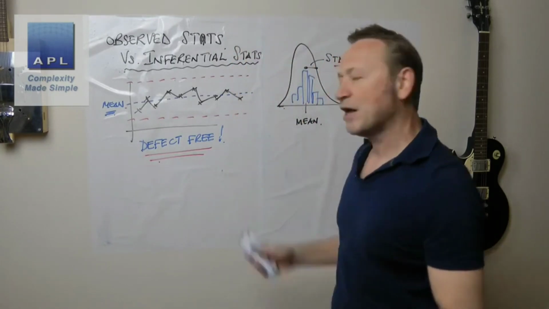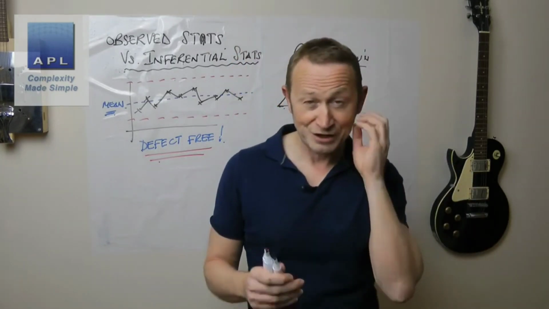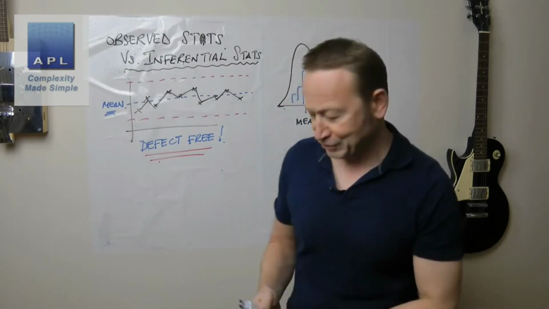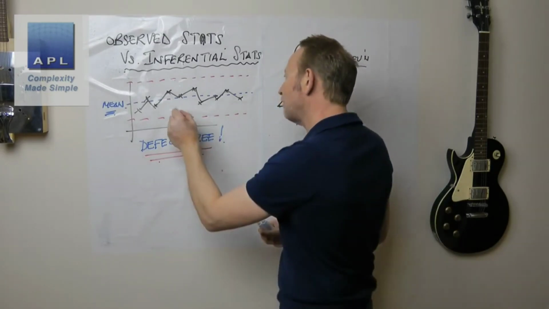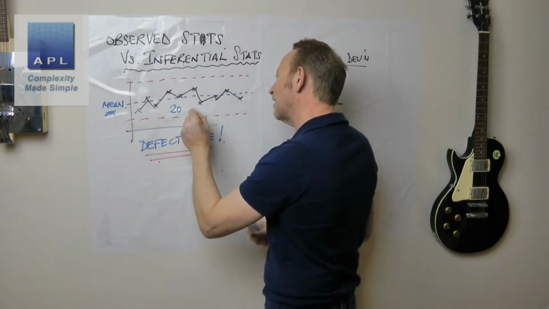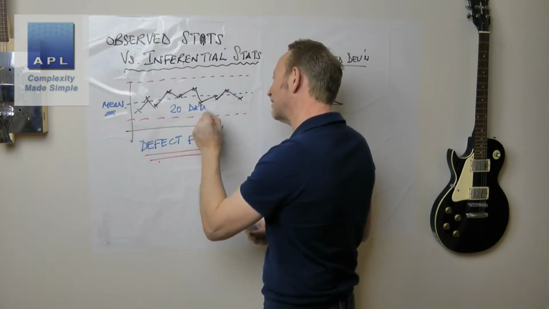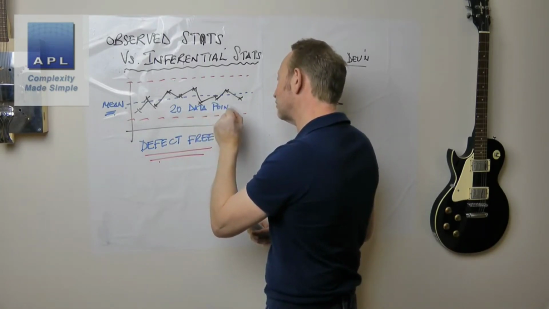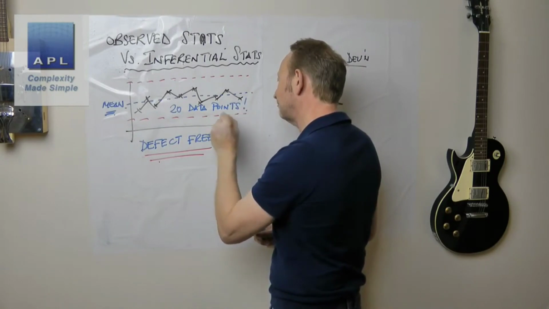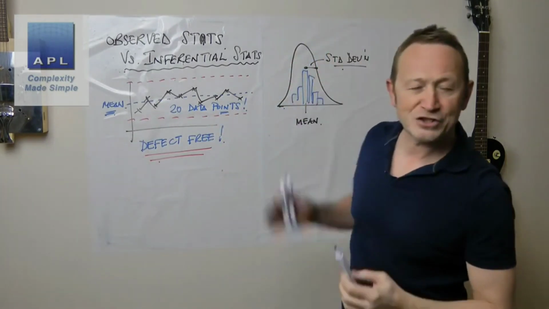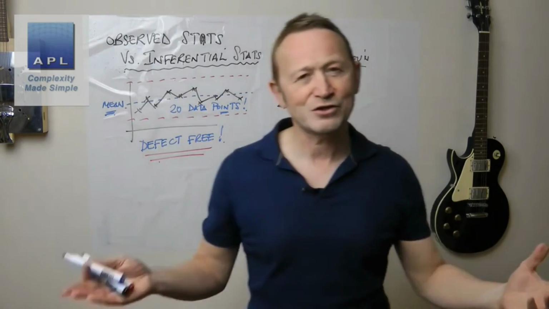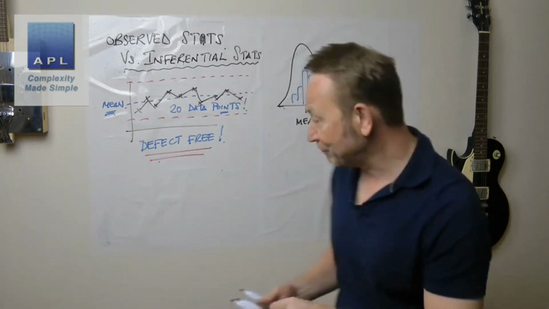But once we understand that a pattern is present, what we're going to start to understand, of course, is that if we've only taken a sample of 20 data points, well, if that's the shape up there, where are the 20 data points likely to have come from?